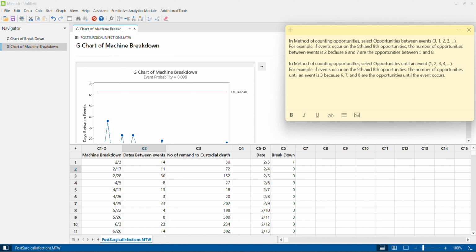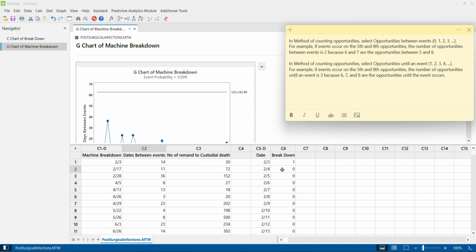So the number of opportunities between two failures is 2 days. In the other method, you are counting that it happened on the 5th, did not happen on the 6th and 7th, and again happened on the 8th. If you count 1, 2, 3, 4, then you call it 3.